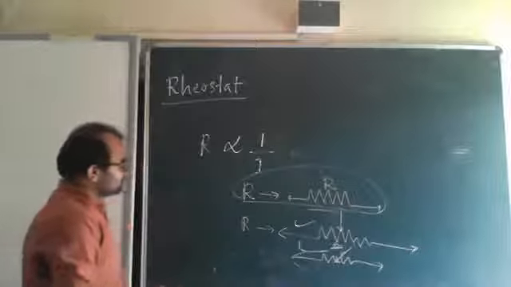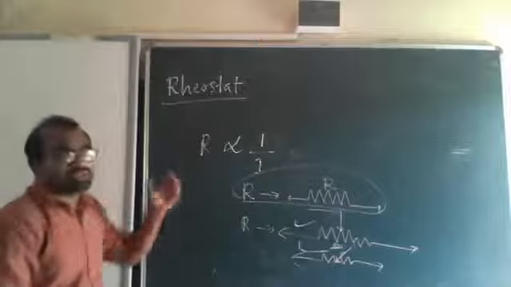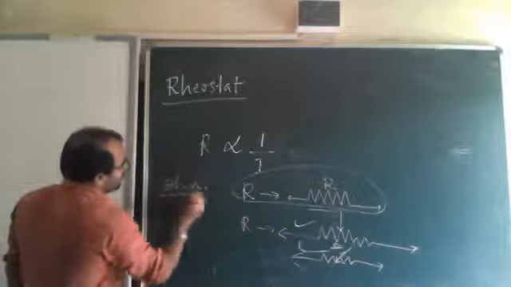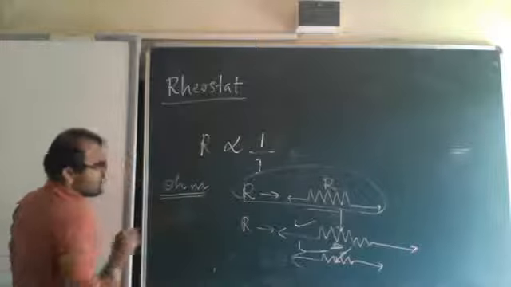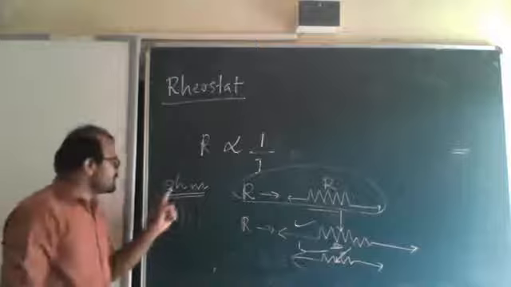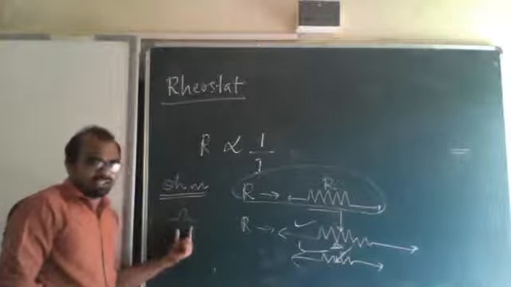You understood what is resistance and which instrument is used. What is the SI unit of resistance? Ohm is the SI unit of resistance, and the representation is like this.